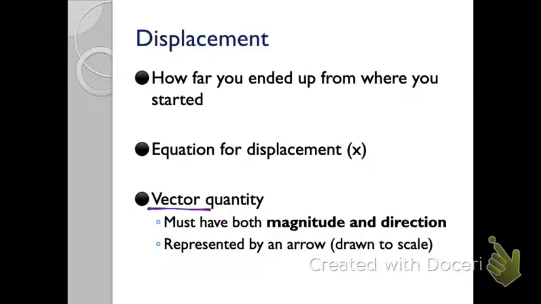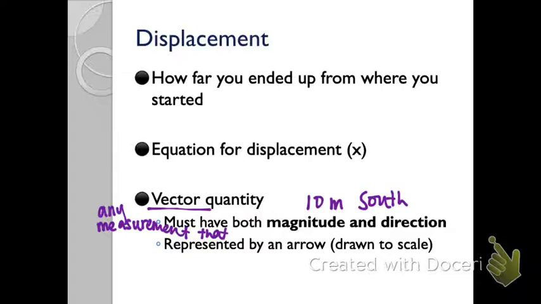A vector quantity is any measurement that has to have both magnitude and direction. Displacement is an example of a vector quantity.